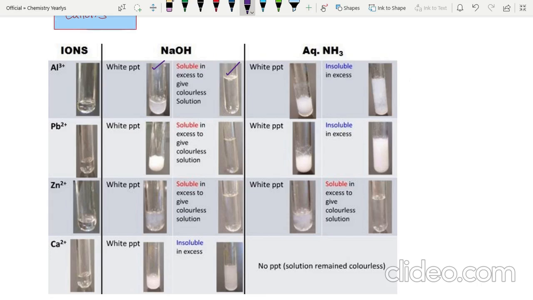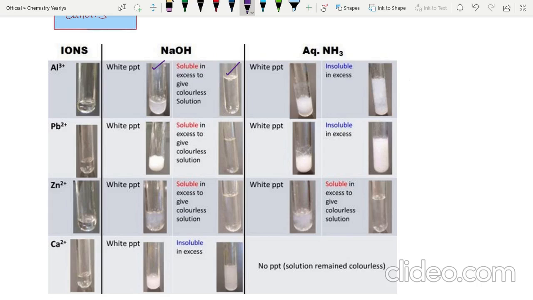Now let's come to the lead. It also forms a white precipitate, but denser, or you can say sharper, than the aluminium, and it is also soluble in excess to give colorless solution. While in ammonia, it does the same. It will give the white precipitate, and it will just remain insoluble. So aluminium and lead are actually the same.